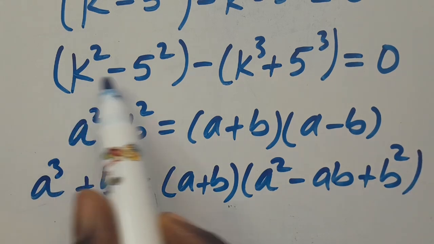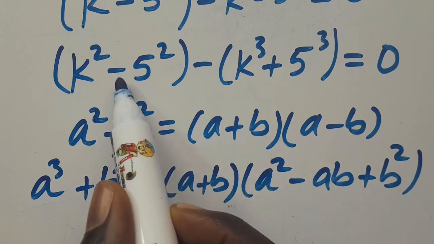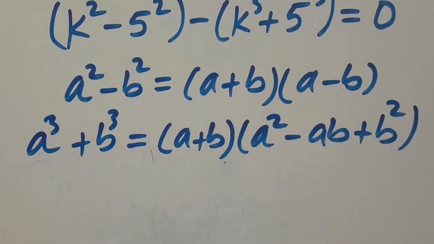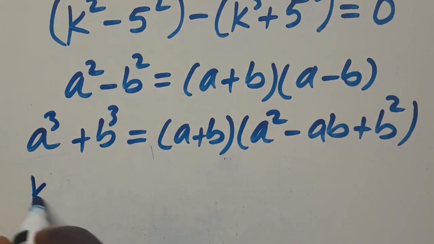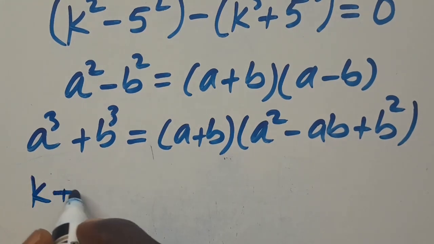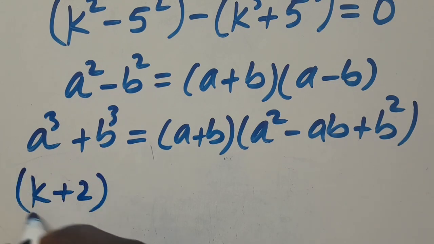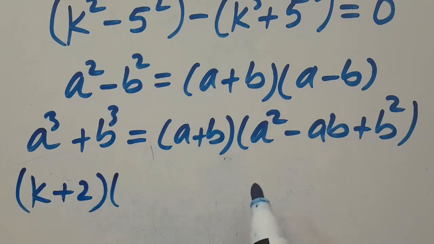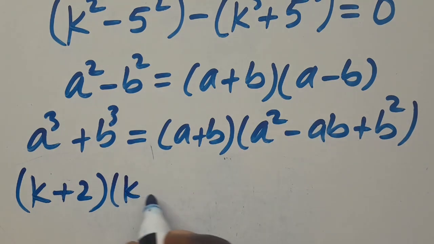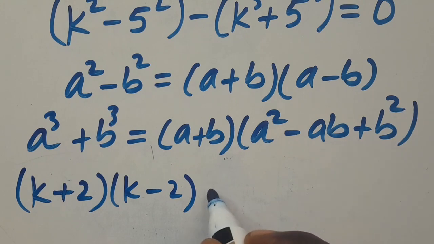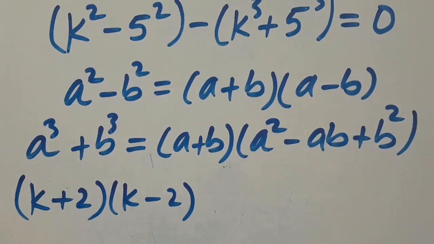When you apply this here to this, we are going to have k plus 2, all in brackets, again multiplied by k minus 2 as this. Then from here, we have minus.